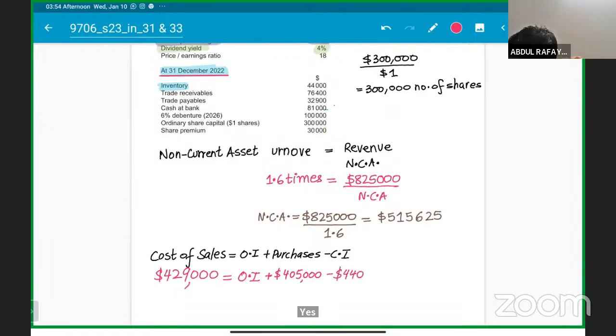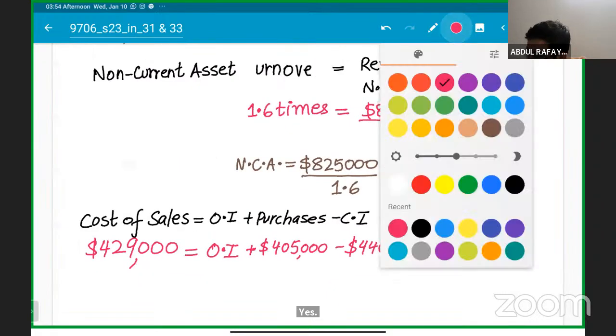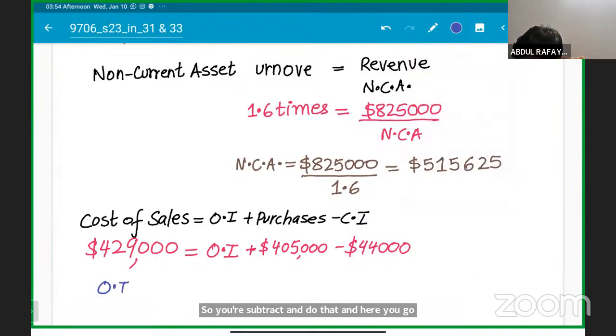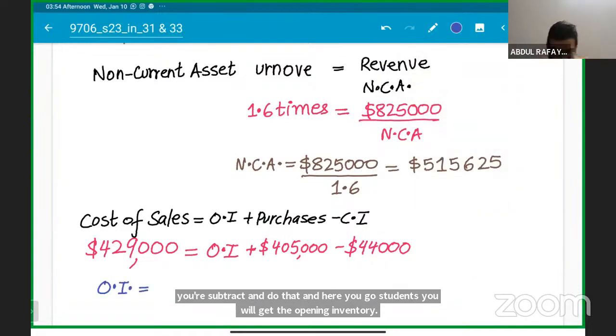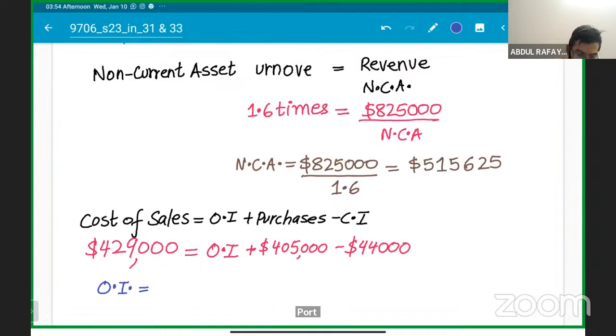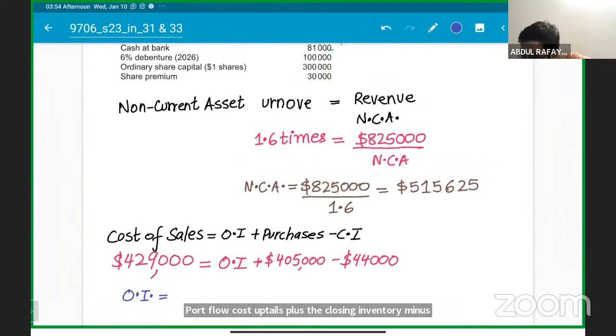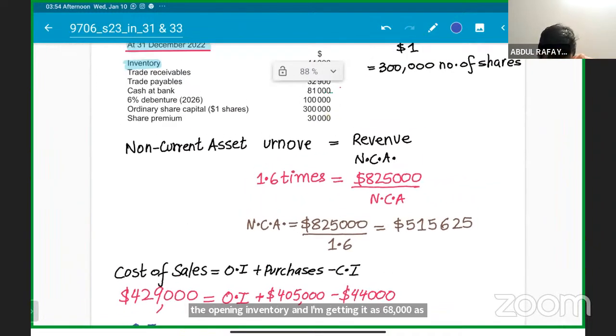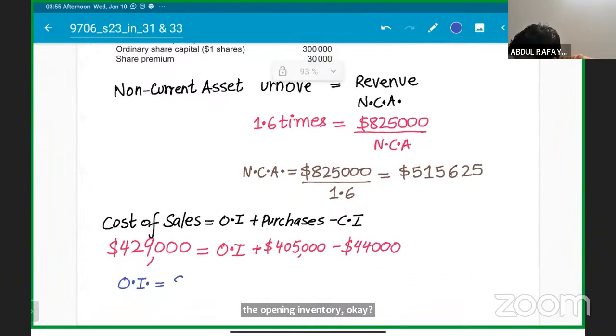So you subtract and do that, and here you go, students. You will get the opening inventory as well. That is basically cost of sales plus the closing inventory minus the purchases, and I'm getting it as 68,000 as the opening inventory. Is everyone getting it? Clear on this?